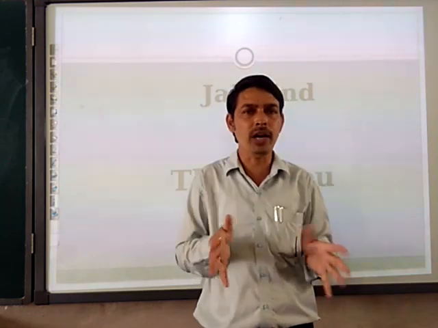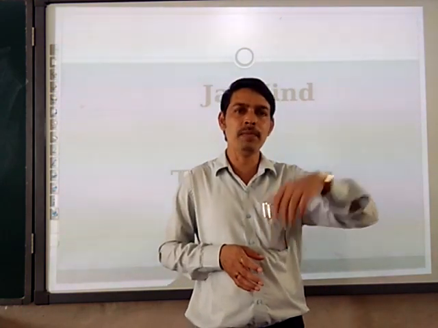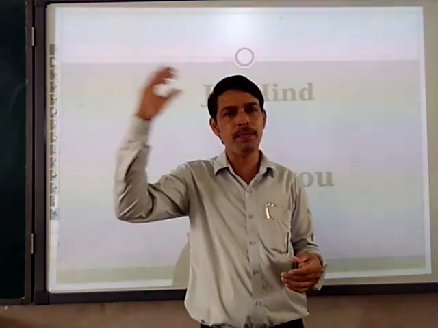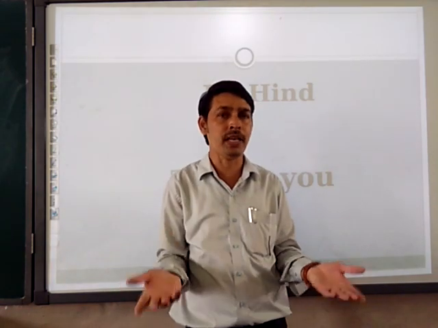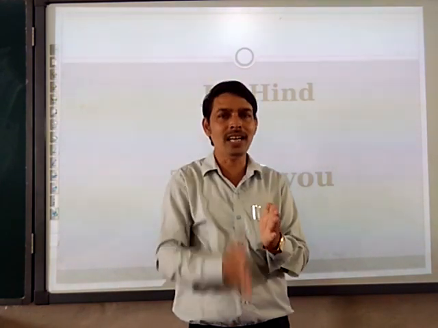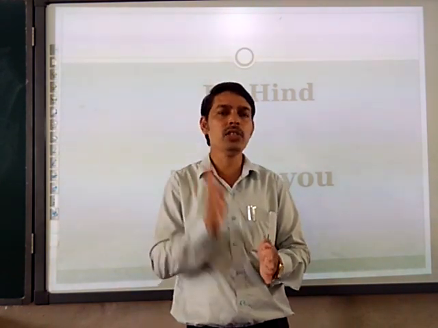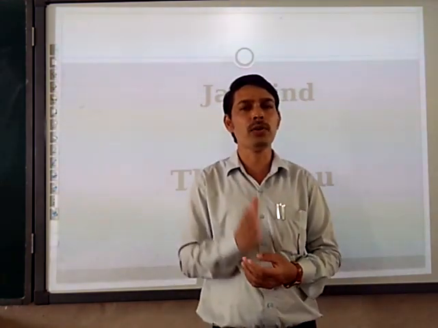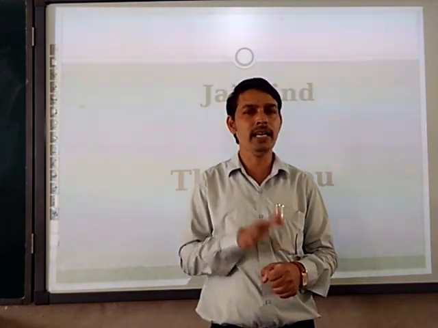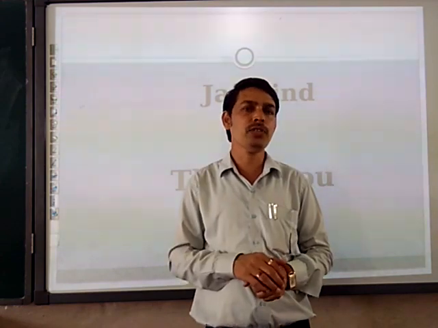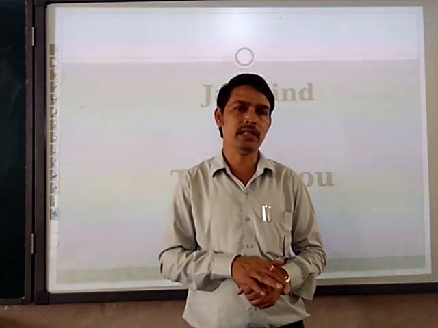To avoid that, where otherwise the time zone would be different in Assam, in Gujarat, and in other parts of India, we have chosen the central longitude, which is passing through Mirzapur in Uttar Pradesh, and its degree is 82 degree 30 minute east.